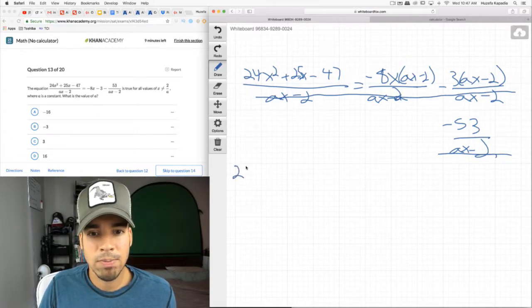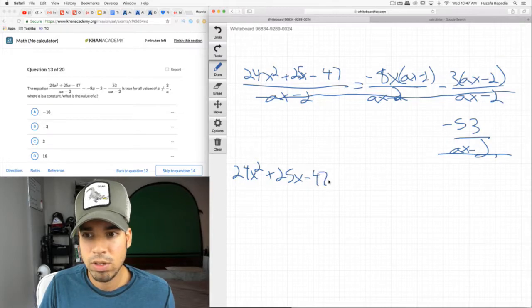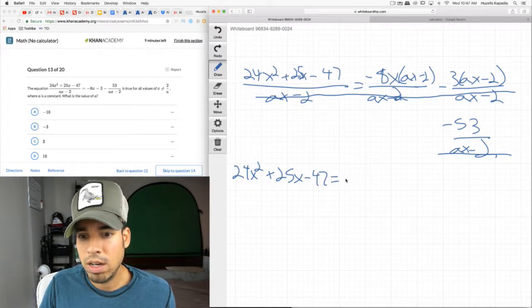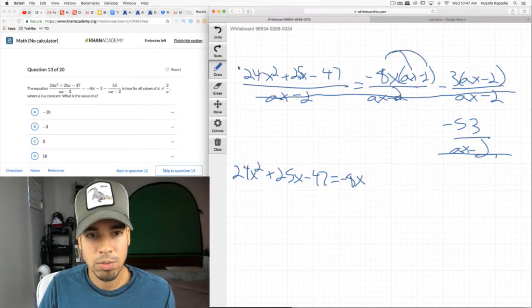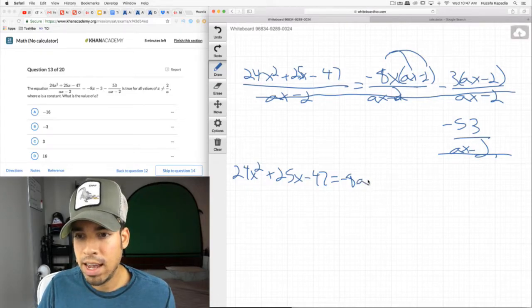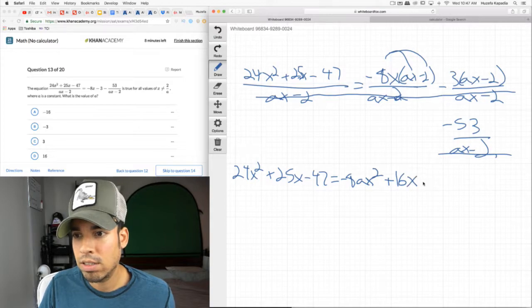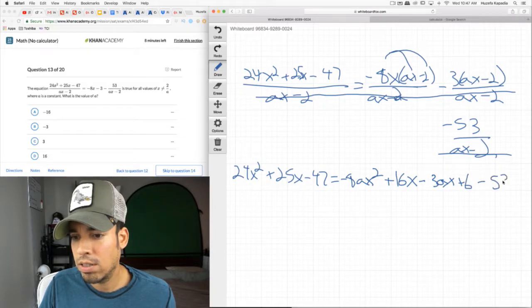So now we have 24x squared plus 25x minus 47 equals negative 8x. Let's go ahead and distribute this here and here. So it becomes negative 8a x squared plus 16x minus 3ax plus 6 minus 53.